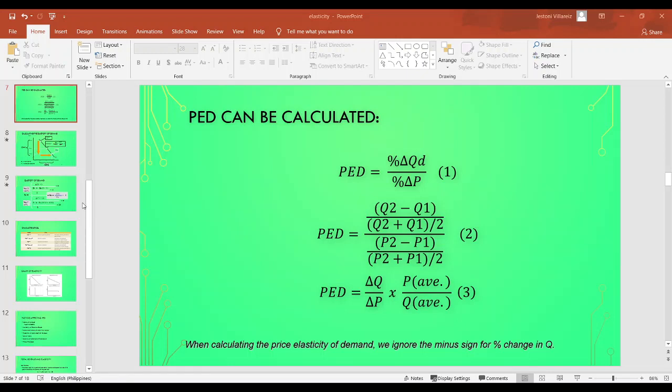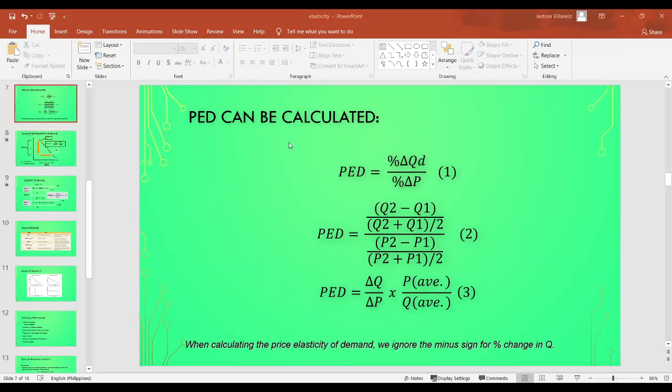So, going back sa itong general formula, PED is equals to Q2 minus Q1 over Q2 plus Q1 divided by 2, over P2 minus P1 over P2 plus P1 divided by 2.